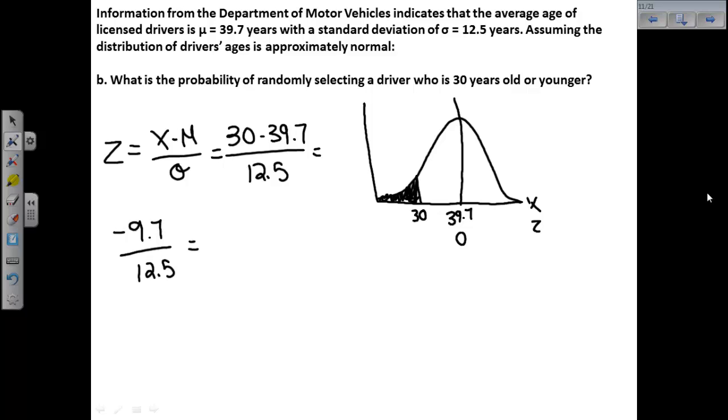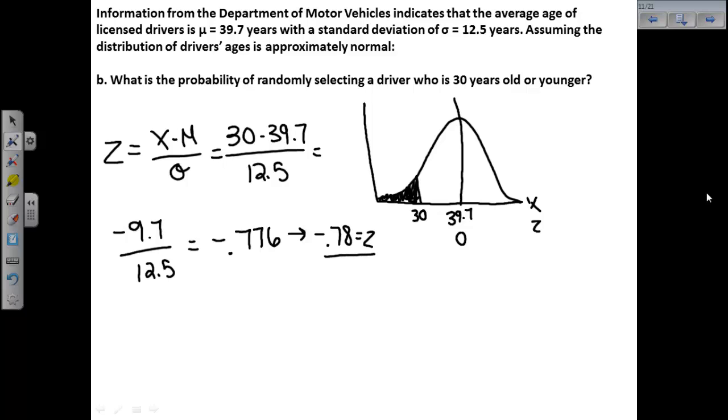And when you do that calculation, you get negative 0.776. Now remember, the unit normal table doesn't have values that are rounded to the thousandths place. So let's go ahead and turn this into negative 0.78. And that's the z that we want to look for in the table.